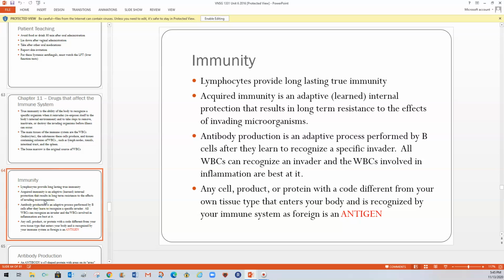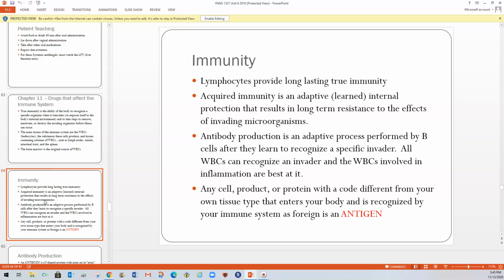Lymphocytes, I told you, provide the long-lasting true immunity. Acquired immunity is an adaptive or learned internal protection that results in long-term resistance to the effects of invading microorganisms. So once we've had a disease, we acquire immunity to it, and it protects us long-term.